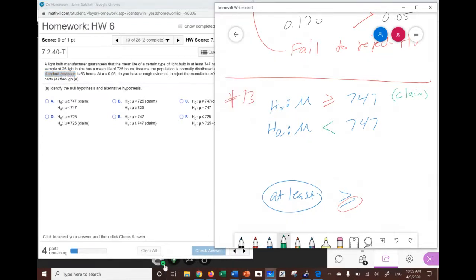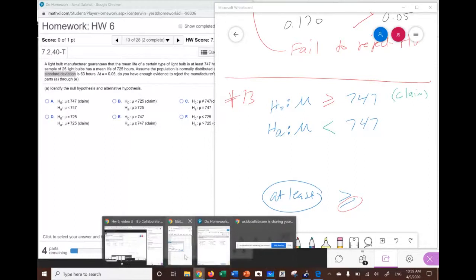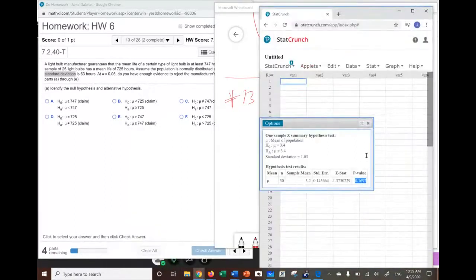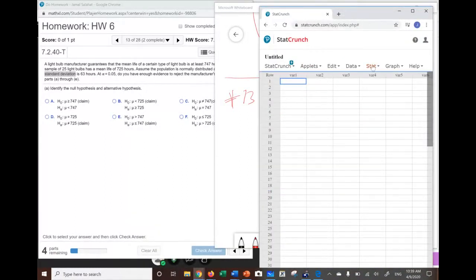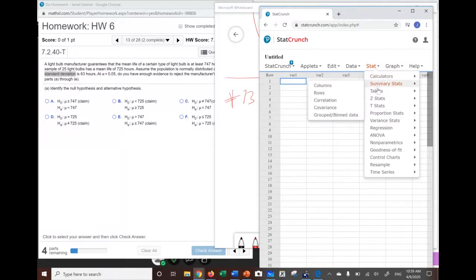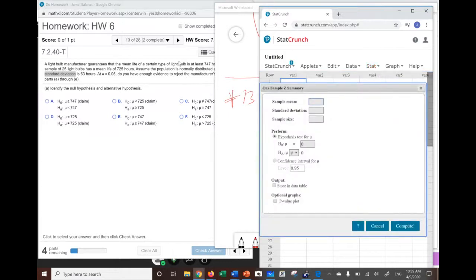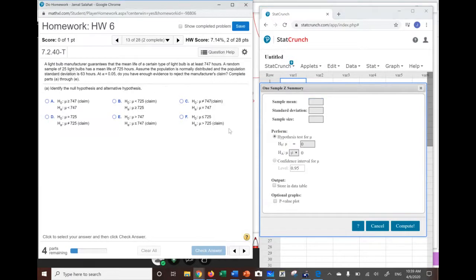So let's go in here and use StatCrunch. To use StatCrunch, I'm going to go through those steps: Stat, and go down to Z Stat, One Sample, with summary. I'm going to pick up the information they gave me here. They said a random sample of 25. That is the size, how many light bulbs were tested.